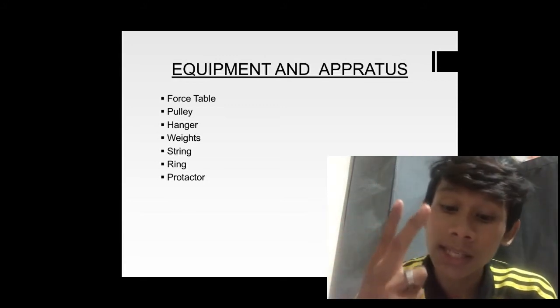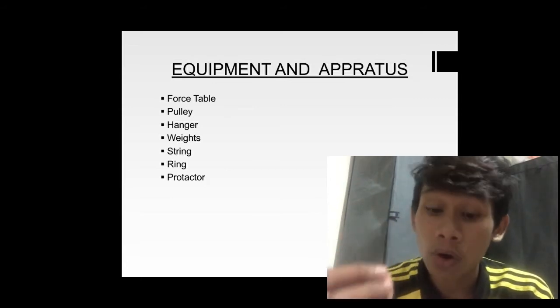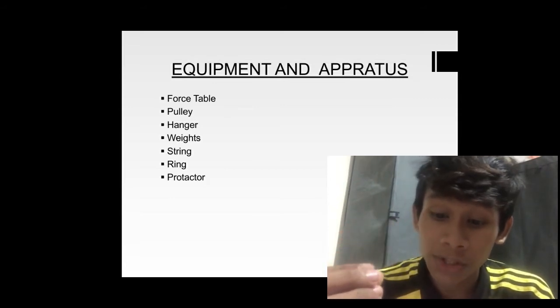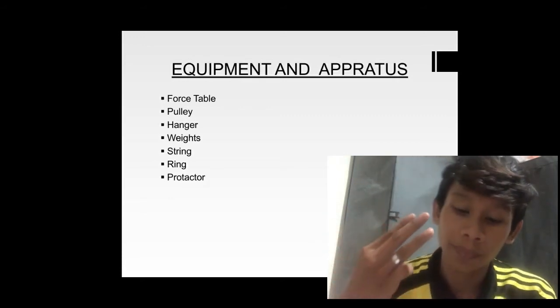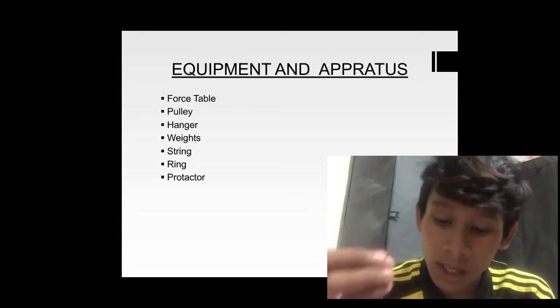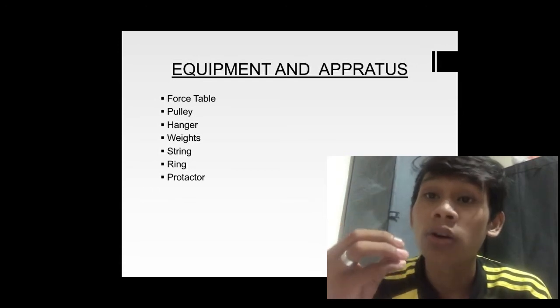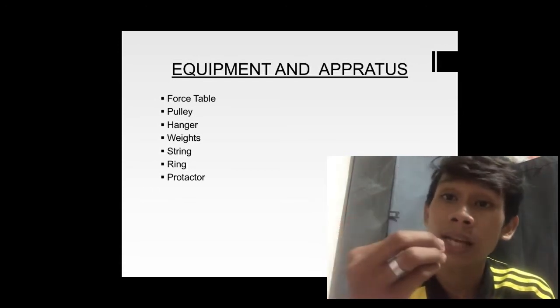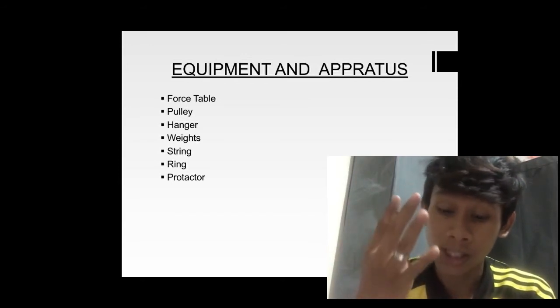The second is the pulley. A pulley is a wheel on an axle or shaft that is designed to support movement. The third is the hanger. The function of the hanger is to facilitate the hanging of the cords or things that we use for the experiment. The fourth is the weights.